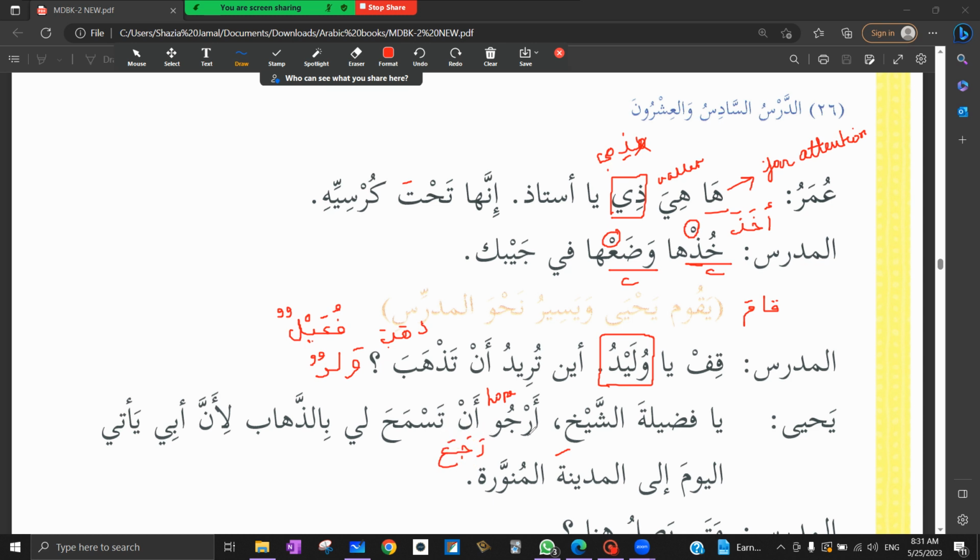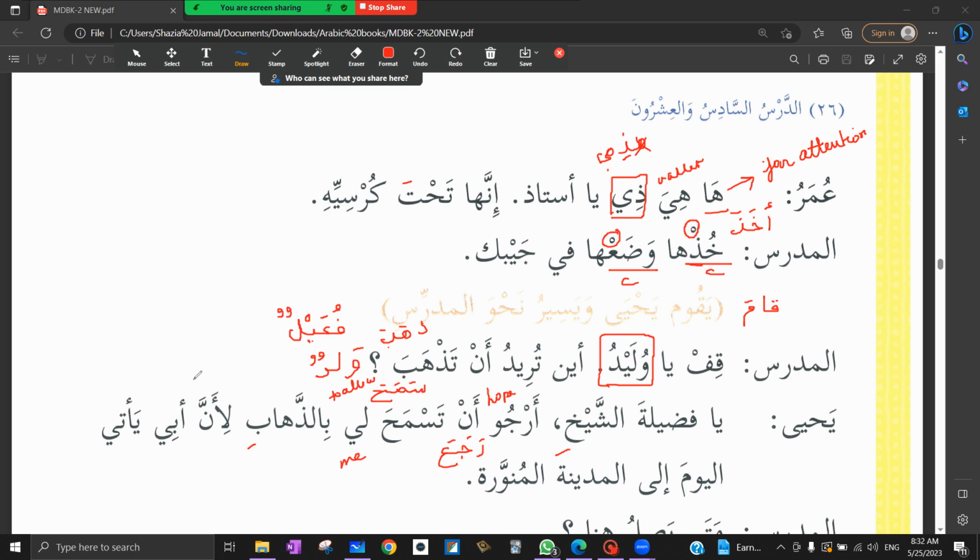Raja'a means to hope. And tasmaha comes from samaha. Samaha means to allow. I hope you allow me. Li is for me. Bizahabi, to go, so that you allow me to go.